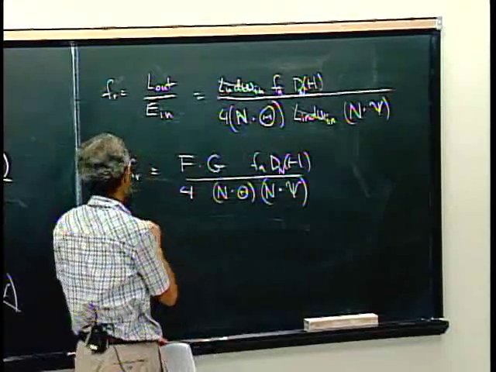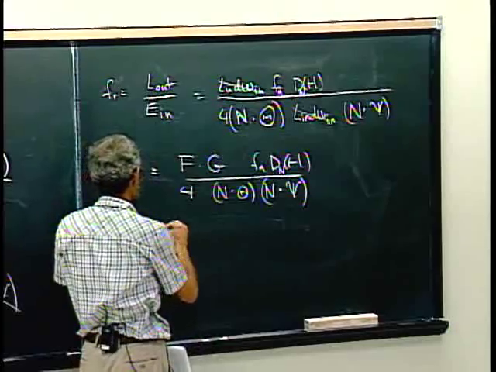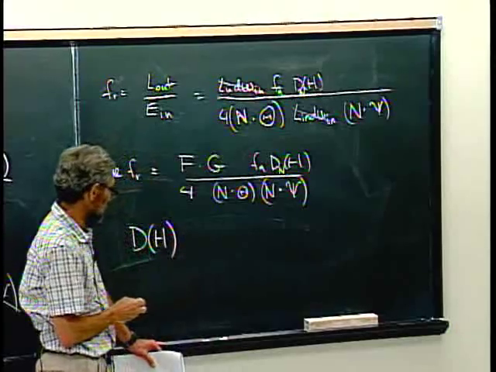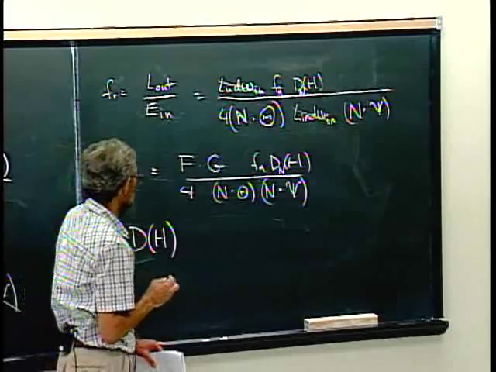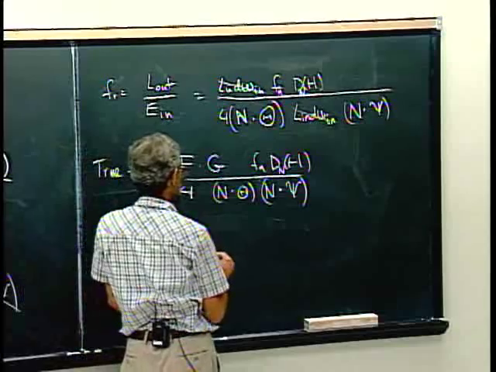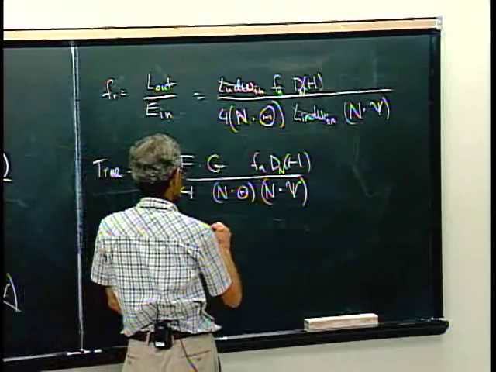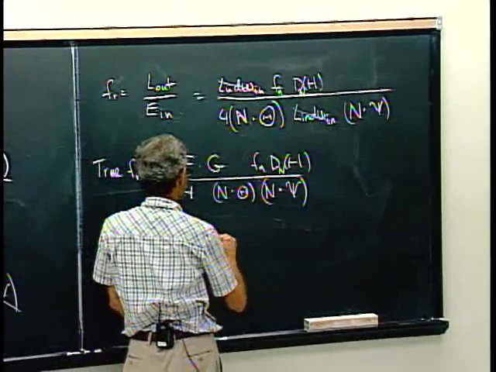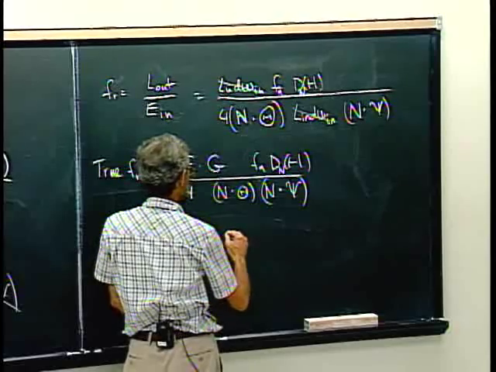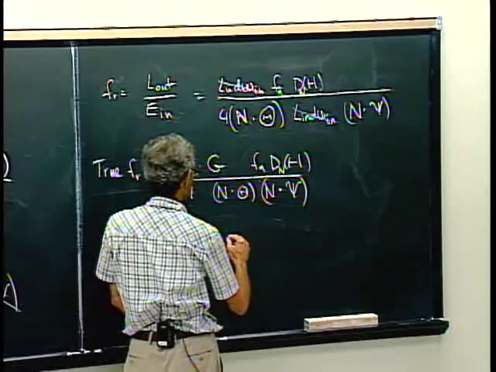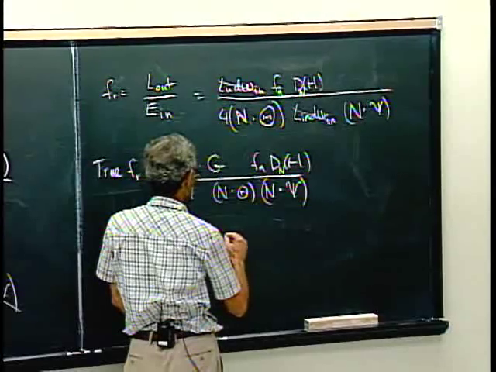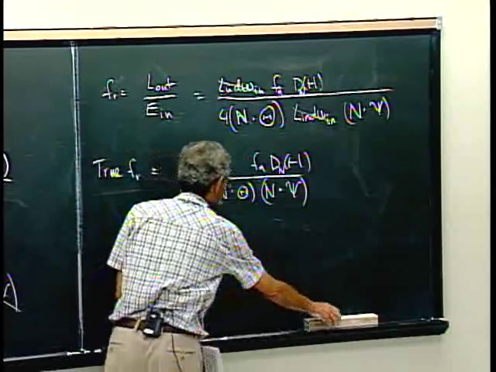But that is not the DH that Cook chose. His DH is equal to 4 over pi times that number. Let's see, is that right? Or is it pi over 4 times that number?